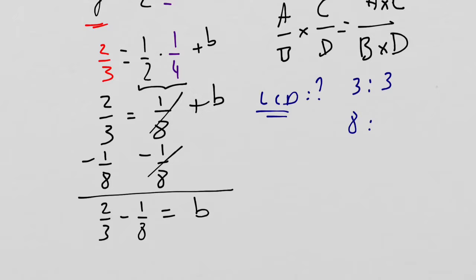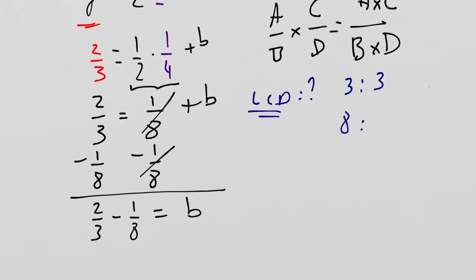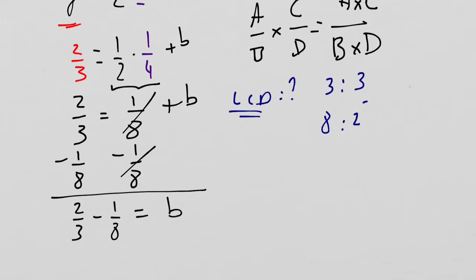So 3 is 3 and 8 is 2 cubed. By definition, the LCD is the multiplication of each factor with the highest power, in that case factor 3 and then factor 2 cubed. So that helps me say that I need to multiply by 8 top and bottom of this fraction, and by 3 top and bottom of this fraction.